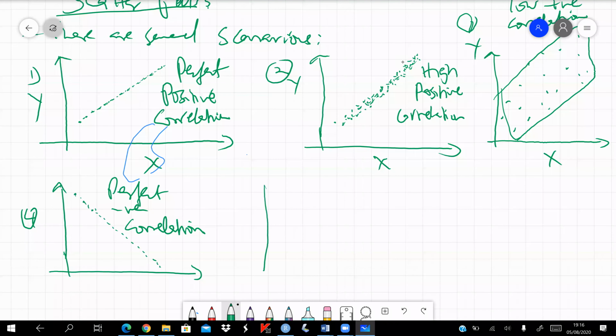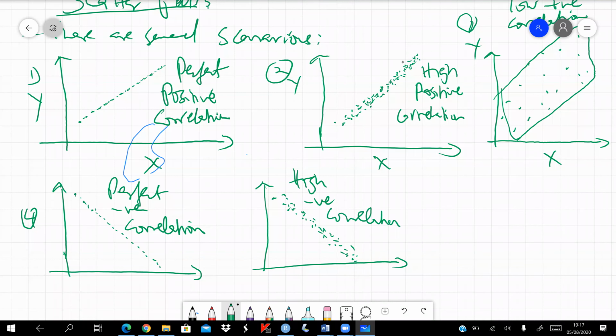Then we can extend it to this scenario. You can have a narrow band of points, evidence of negative slope. Huh? So this is high negative correlation. High negative correlation.